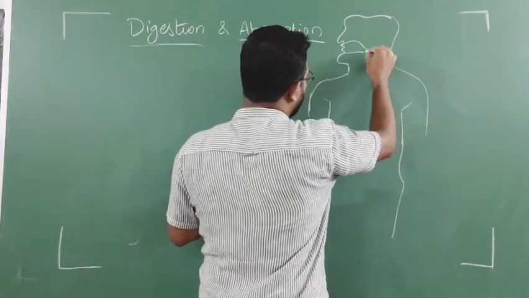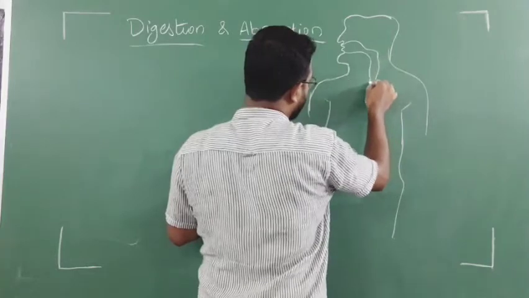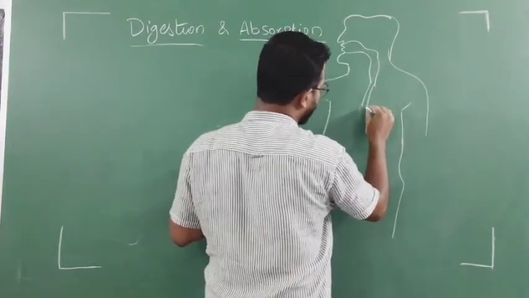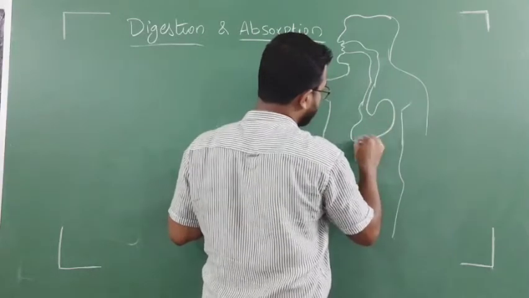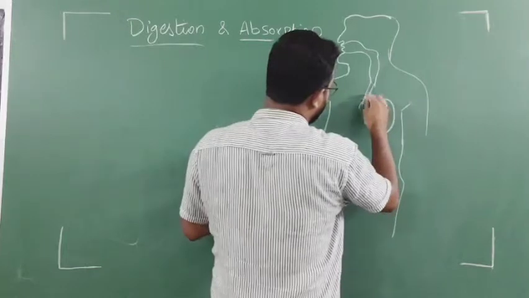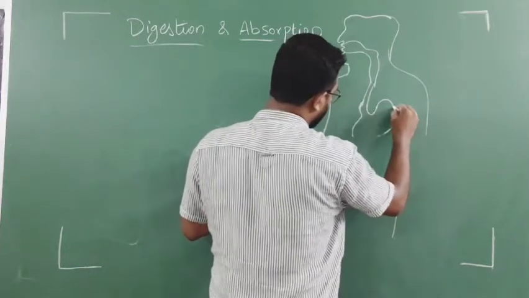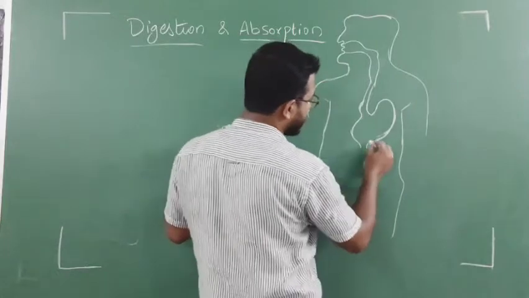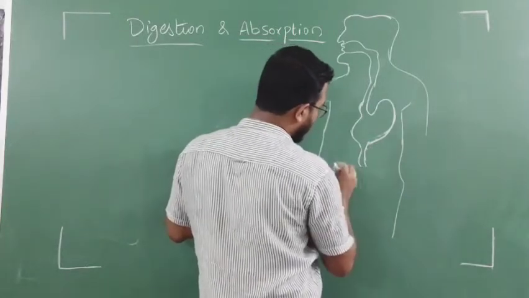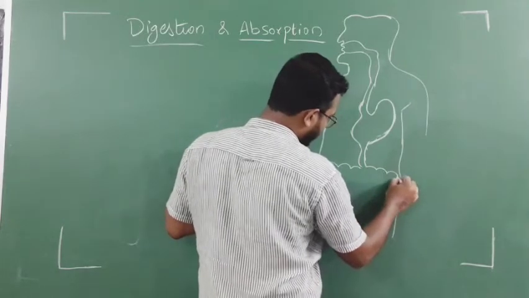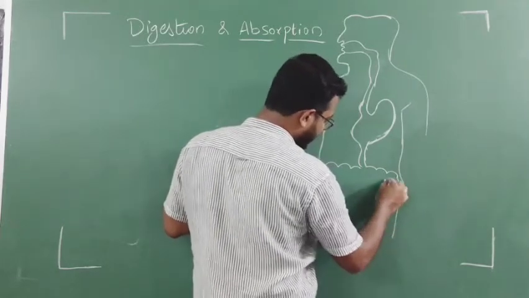This is the buccal cavity and this is the esophagus. The esophagus reaches the stomach region and forms the stomach, a J-shaped, sac-like structure. The stomach extends in the form of the small intestine, and the small intestine extends up to the anus.